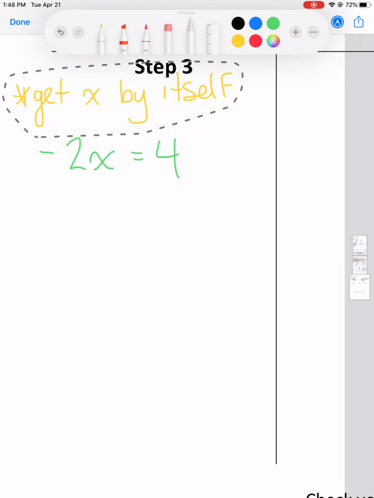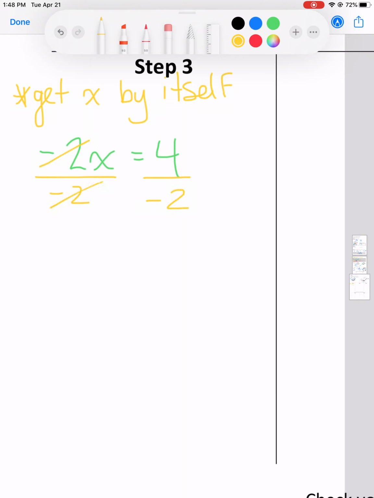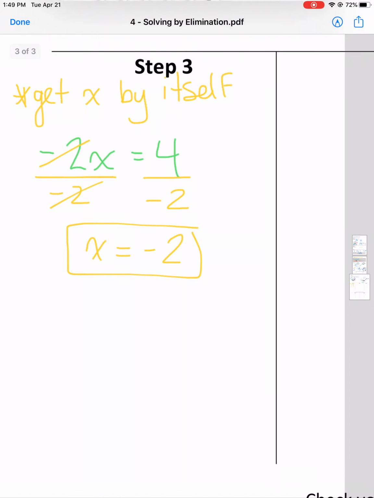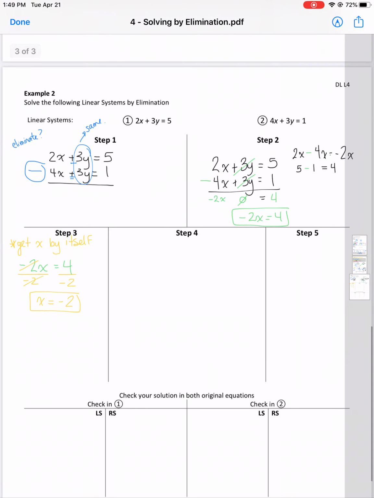Look at that magic. So is x by itself? No. We need to divide by negative 2. Divide by negative 2. That means those two cross out. x is equal to 4 divided by negative 2. Do the calculator, it is negative 2. Cool. Okay.